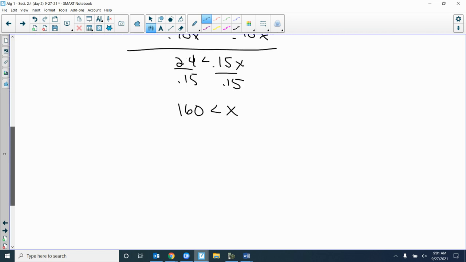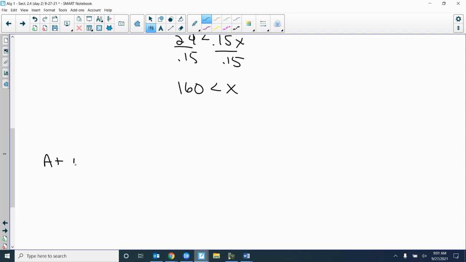So A Plus will cost less. All right, finish that statement. A Plus will cost less. How would I finish that statement? Ryan, what do you think? At 160 will cost less than A Plus advertising.